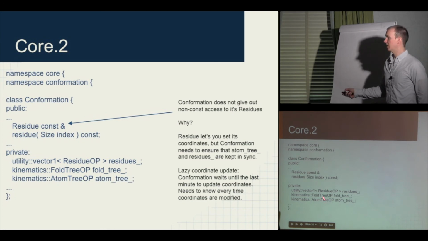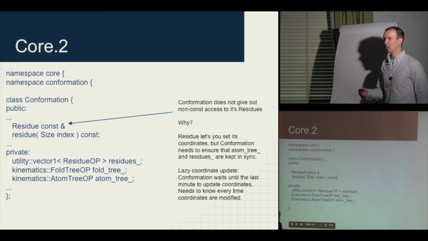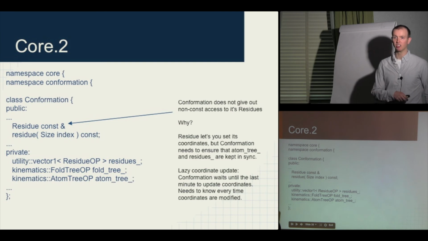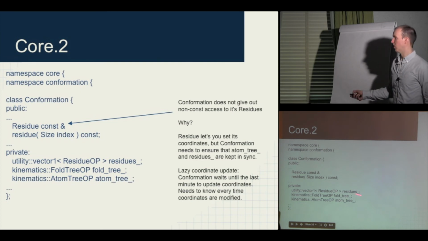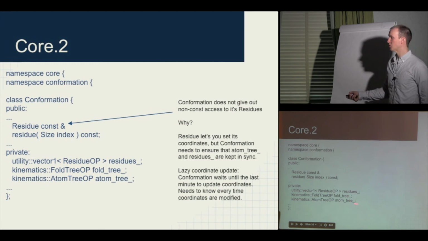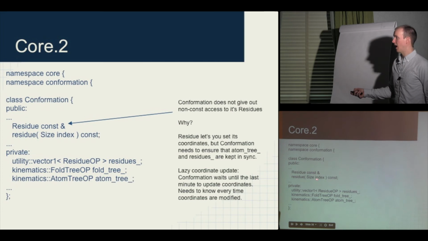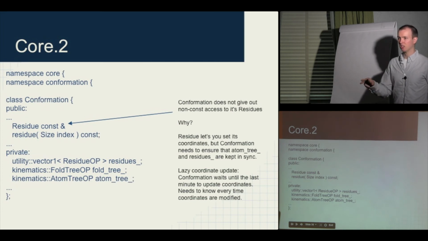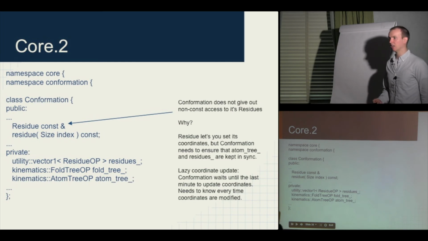And this data needs to be kept in sync. And so if the conformation let you have non-const access to its residues, then it couldn't guarantee that you weren't changing those coordinates. And then it would lose the ability to ensure that residues and atom tree were up to date with each other. Instead, by gating how you have access to it, it enforces this data integrity requirement that you never be able to access out-of-date residues or an out-of-date atom tree.